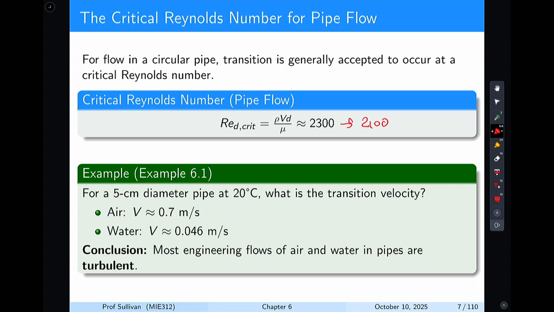You transition to turbulence at 0.7 meters per second for air and 0.05 meters per second for water. That's the difference in viscosity. If we went with kinematic viscosity, it's easier, I would just have one term. But rho and mu are the things driving that. Velocity and diameter are the same in both the air and water flow.